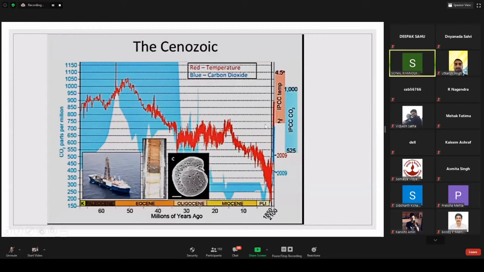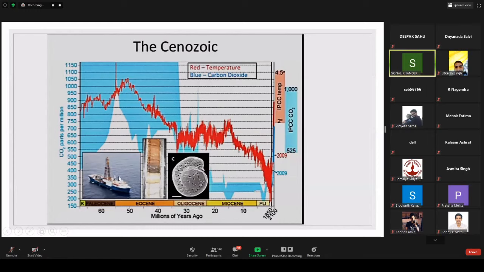So what we are heading towards is back to the past, and it's around this level that we are achieving, with the continuous increase of CO2 now.